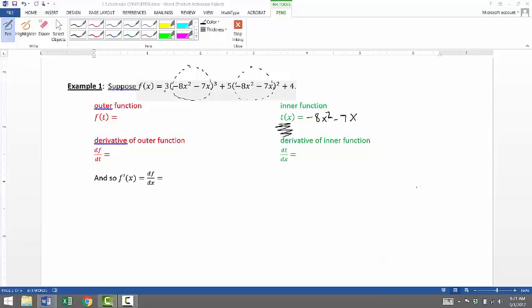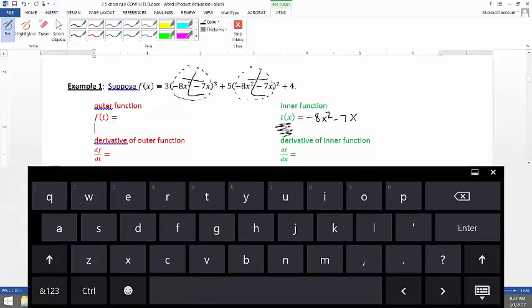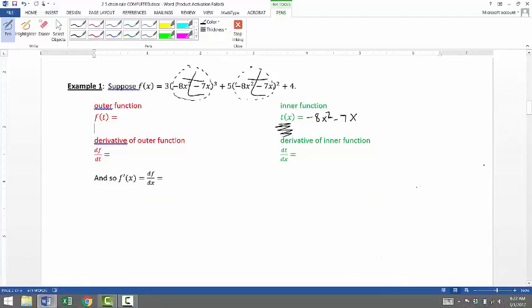Then we can go back to our function f of x, and everywhere we see the expression negative 8x squared minus 7x, we can replace that with t, because that is the function t of x. Now we can look at our function and see that it is 3t cubed plus 5t squared plus 4. That is the outer function, 3t cubed plus 5t squared plus 4.